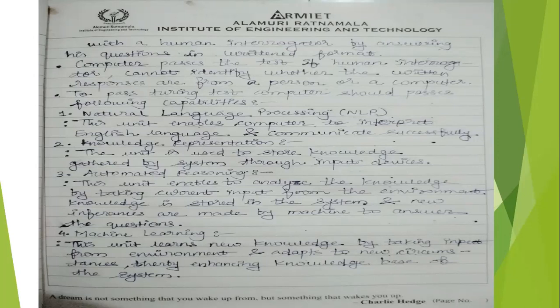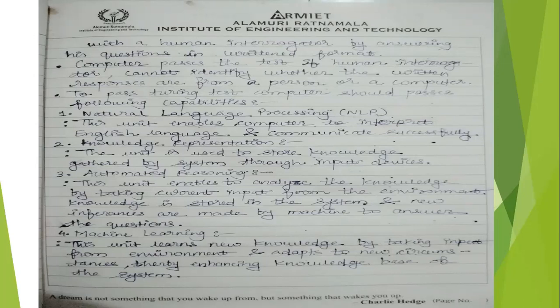Means whatever questions the human interrogator is asking, first the computer scans the database memory, and according to the solutions corresponding to that particular question, the computer responds. That is automated reasoning.